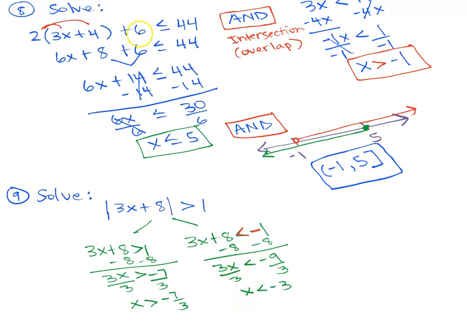Once we have that absolute value part by itself, whatever our inequality is there is going to tell us whether we have an and or an or statement, whether we're looking for the intersection or the union.